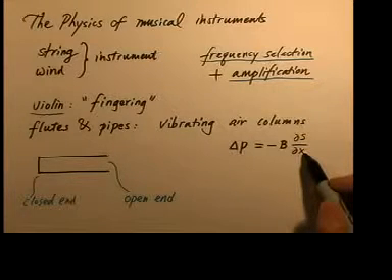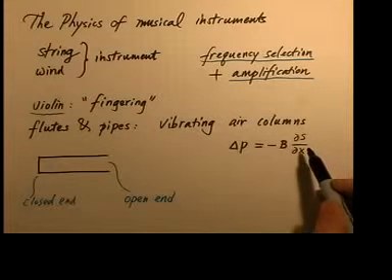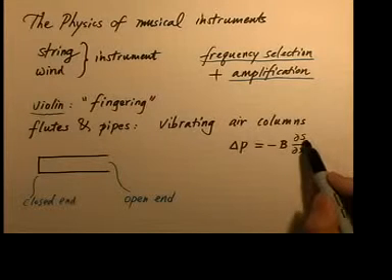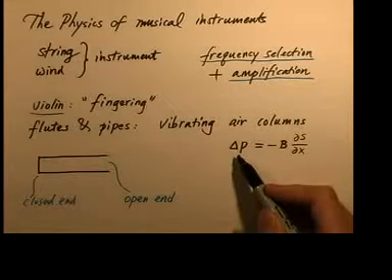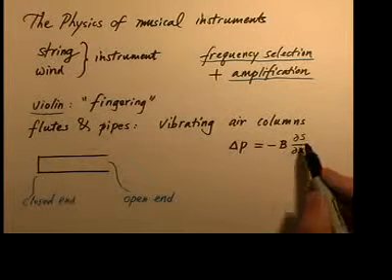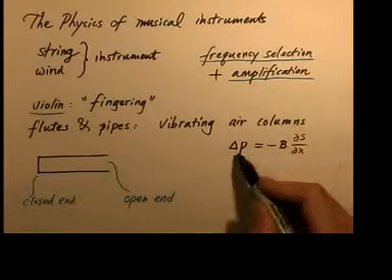Now that sort of makes sense. Okay, now what that means is that if S is a sine function, delta P is a cosine function, they differ from each other by a phase of 90 degrees. So when one of them is 0, the other is actually maximum.